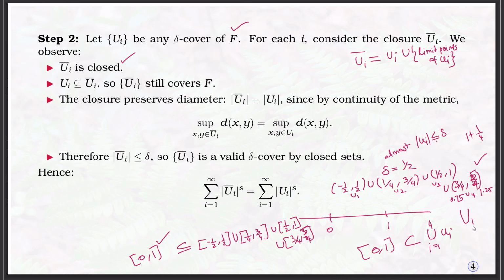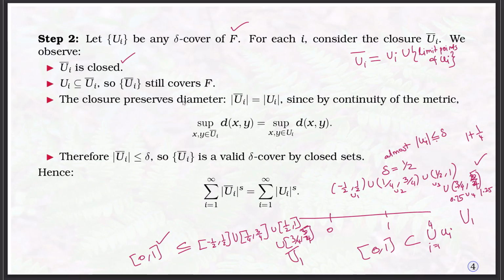Now, in this U1, we have this set of open cover. If you are taking the closure of each Ui, we are getting this one. If each set has the utmost diameter delta, then the closure also, just adding the endpoints, has the diameter at most delta.